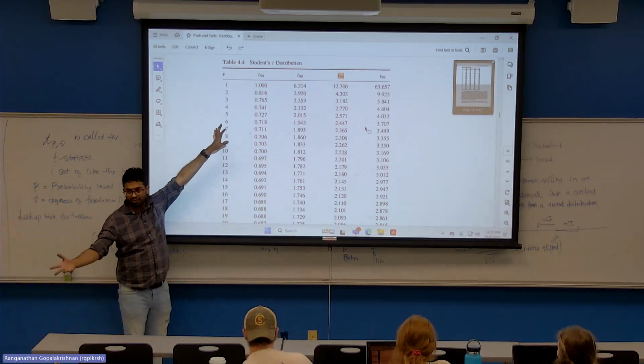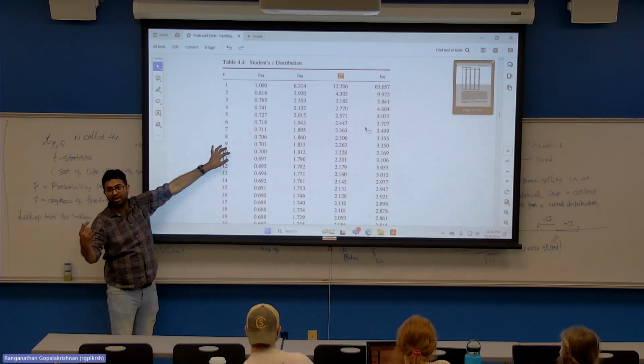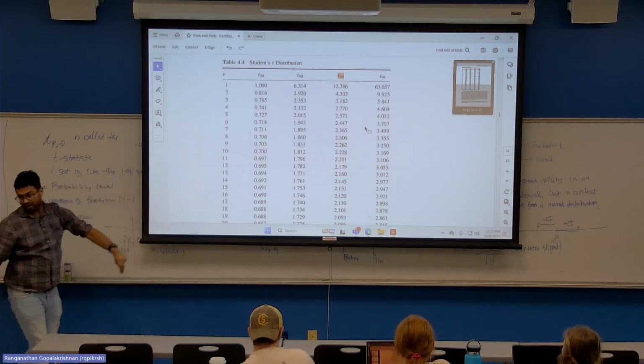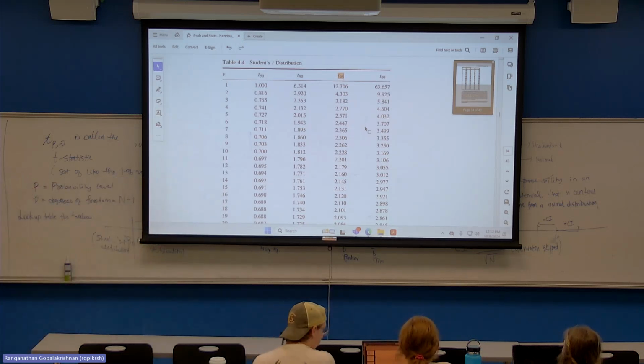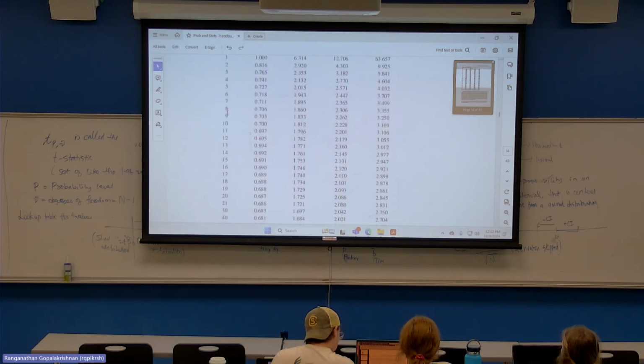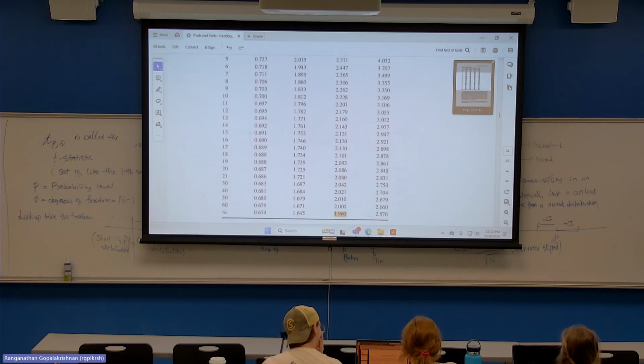Or if you made 10 observations, degrees of freedom is 9, nu is 9. So it's always 1 less than the number of observations. And if you scroll your eye through the list here, nu starts at 1, goes up to infinity. What is this value z? This value here at infinite number of observations?